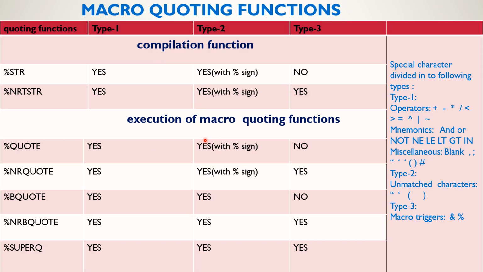Okay. Coming to execution of macro quoting function, same like how %str works, same thing %quote. Like here %nrstr works to mask all types, the same way we can do with %nrquote too. But the difference is that %nrstr masks at compilation time, but here we can mask at execution time only.